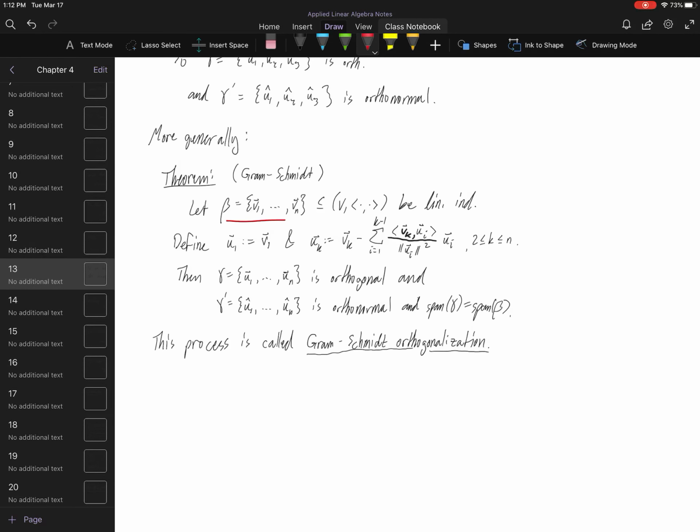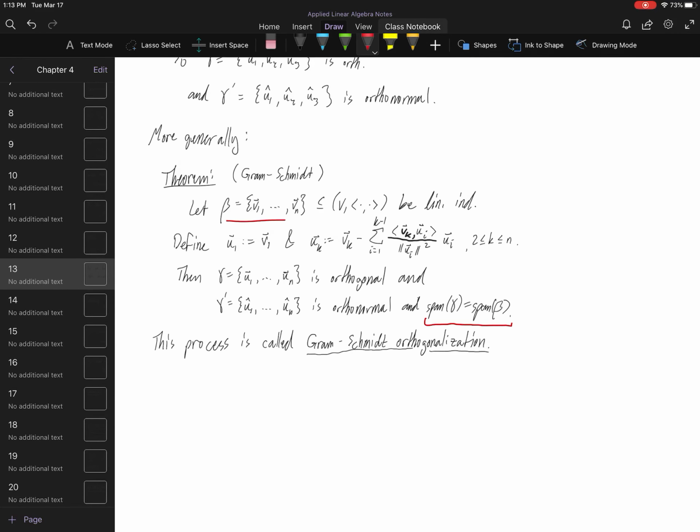Okay, and in general, what this does for us is it creates an orthogonal set that still spans the same thing that the original basis did. So if we start with a linearly independent set, beta, then that is a basis for the span of beta.